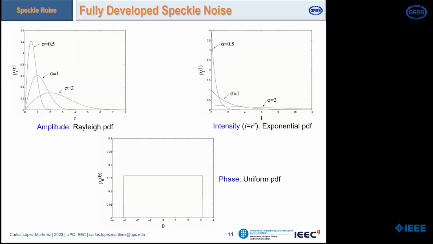Sorry. Here, I interpret that any phase value has the same probability. So it means that there is not a privileged phase somehow. So therefore, as all the values have the same probability, the only thing I have is noise.